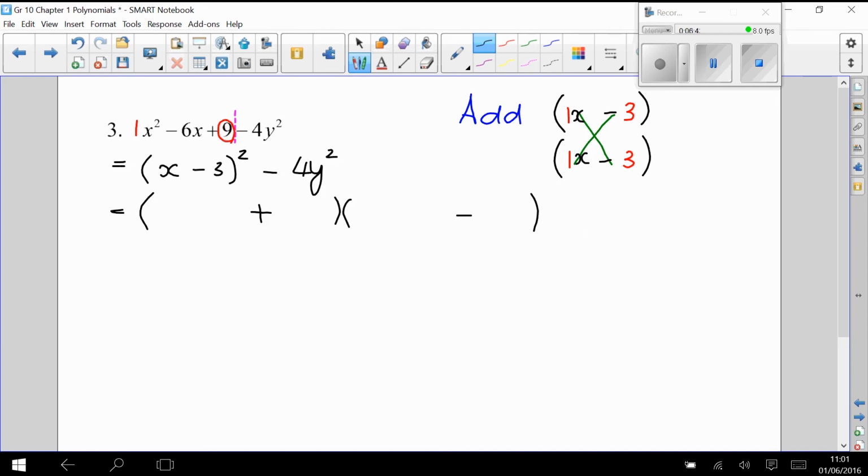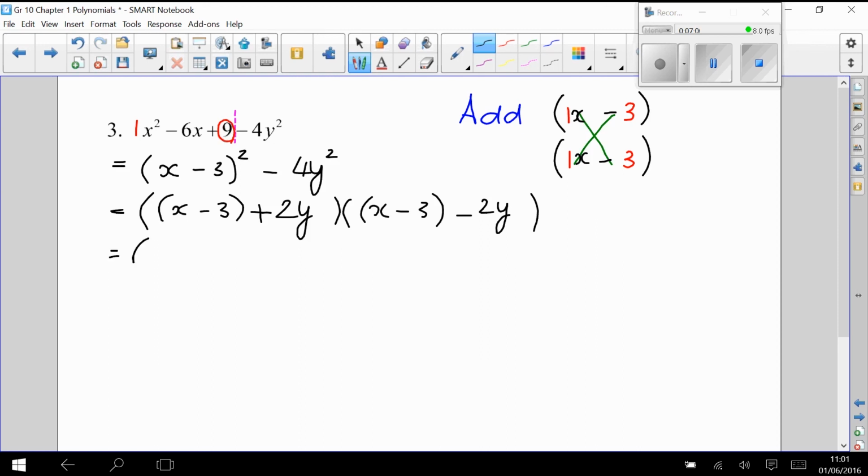I had two bracket factors in my first term, so I split them evenly into the first place of my two bracket factors, one in the first bracket, one in the second. The square root of 4 is 2, and the square root of y squared is y. And so in my second place, I have 2y.